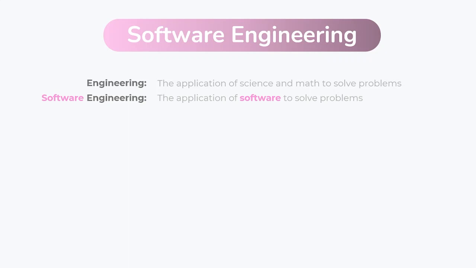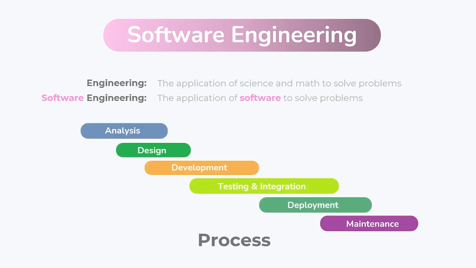Software engineering is not only building software, it's also a process. We have a process that goes through many weeks to months to build this software. It can be a very complex process. We need to analyze the problem that we need to fix, then design a solution for it, and then develop it.